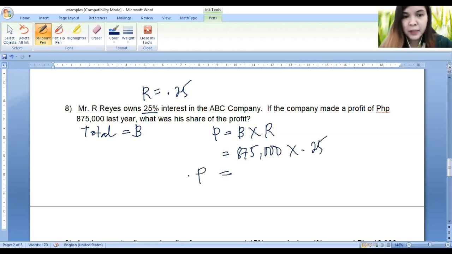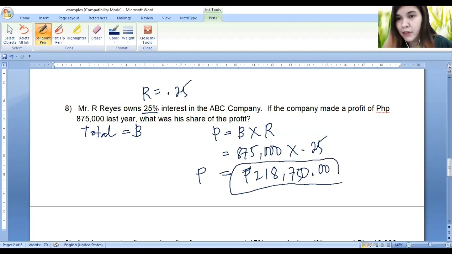So let's find the percentage. Let's multiply using the calculator. So 875 times 0.25. So the final answer is 218,750 pesos. Don't forget the peso sign when you are referring to an amount.